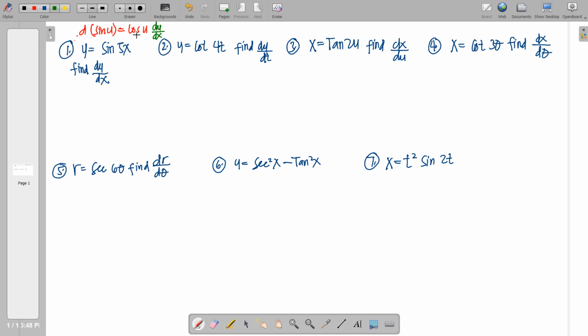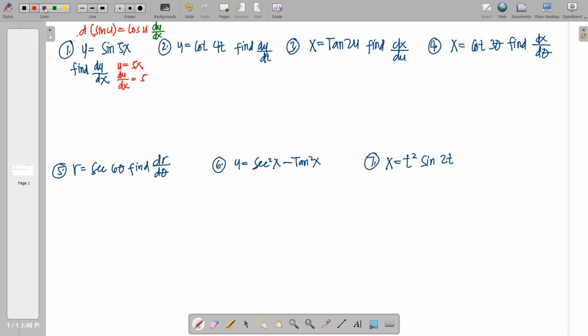While we execute this cosine u, we should also execute the green. And the green refers to the chain rule, or just derive the inner term. So in this case, our u here is actually 5x, no? So yung u mo dito is equal to 5x. So if we are going to derive that one, du over dx is just equal to a constant 5.